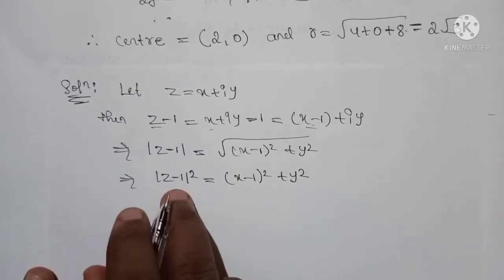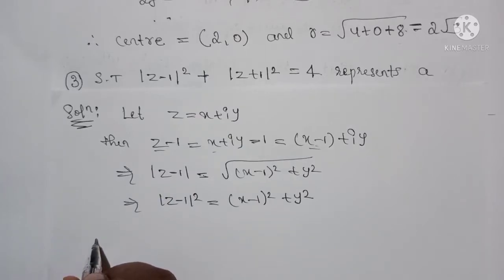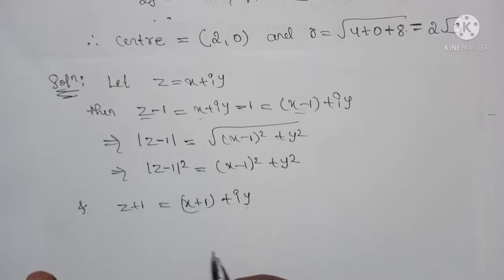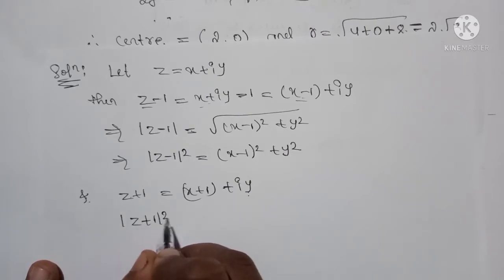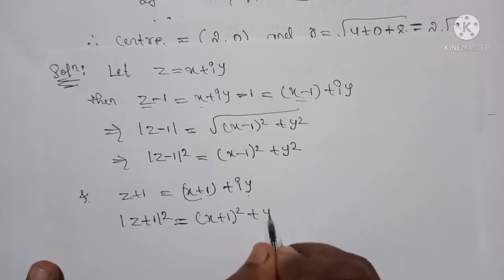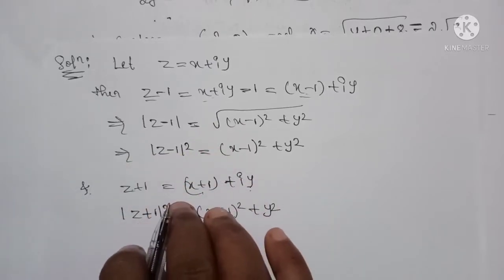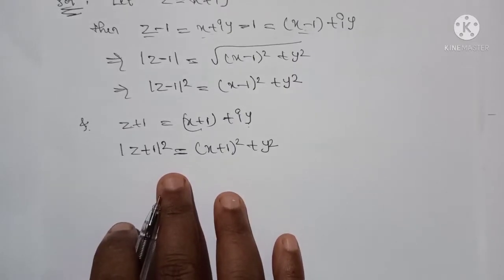Similarly, z plus 1 is equal to x plus 1 plus iy. Taking the mod, we get mod z plus 1 whole square is equal to x plus 1 whole square plus y square. This is almost similar to the previous one, which I have written directly.